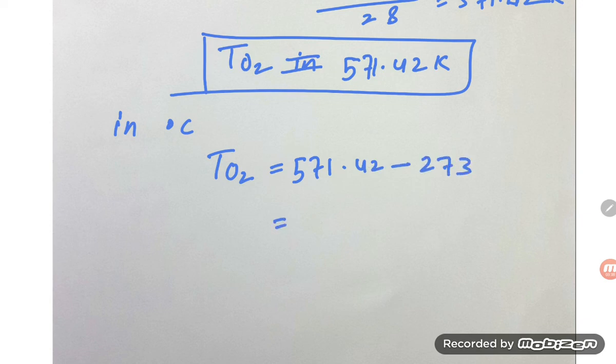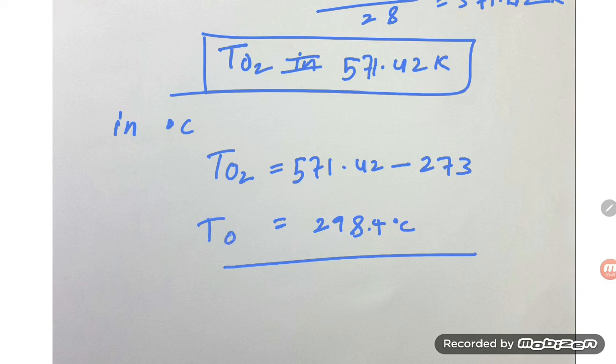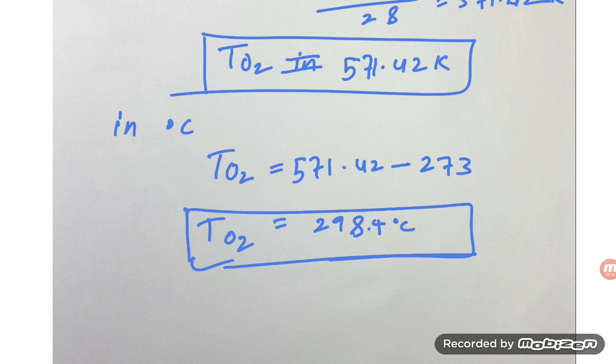So how much you will be able to get student, 298.4 degrees Celsius. That is the temperature for the oxygen at which they have the same root mean square velocity.